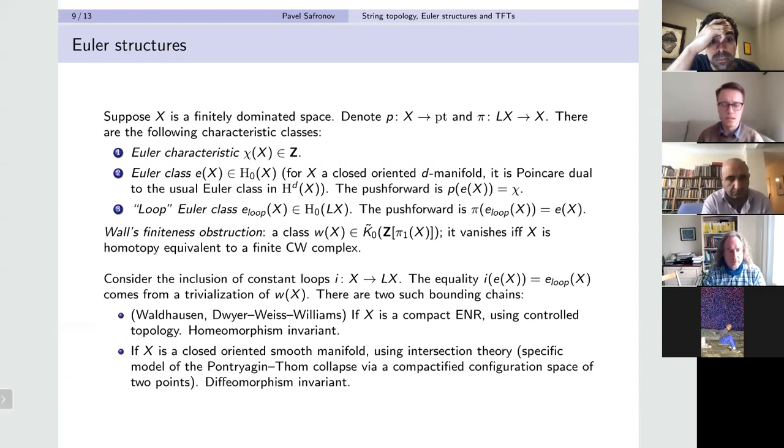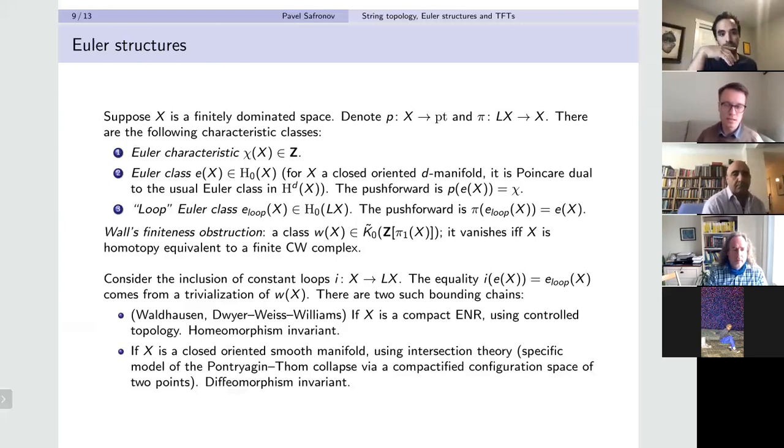Let me relate this to something rather classical, which is called Wall's finiteness obstruction. Wall basically answered the following question. Suppose you have a finitely dominated space, a space which is dominated by a finite CW complex. Is it actually homotopy equivalent to a finite CW complex?